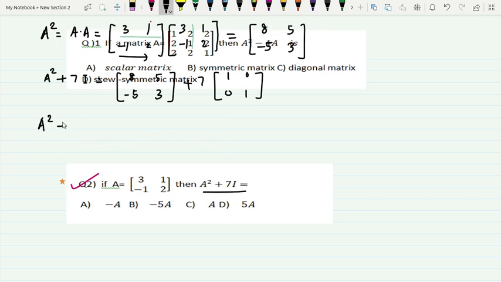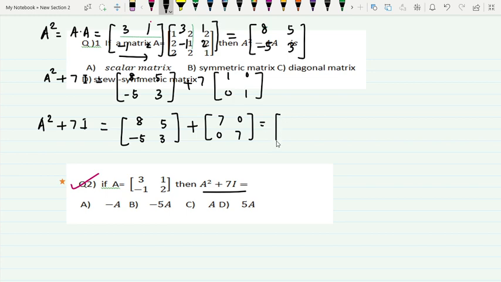A square plus 7I is equal to 8, 5, minus 5, 3 plus 7 into the identity matrix, which is 7 0 0 7. Adding these two matrices, what will we get? 15 and here it is 5.